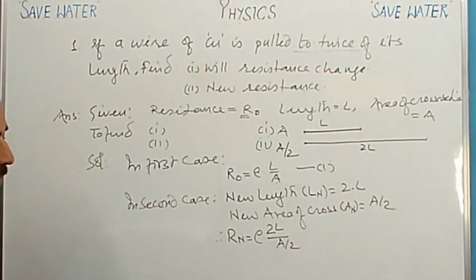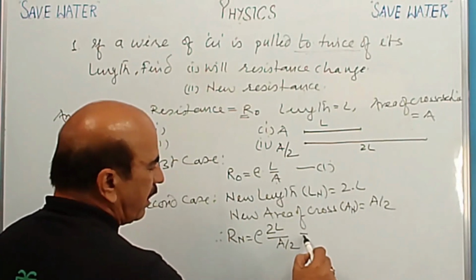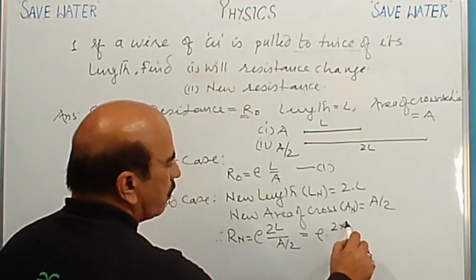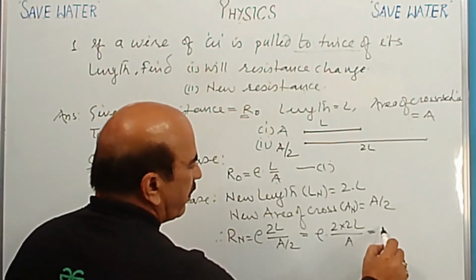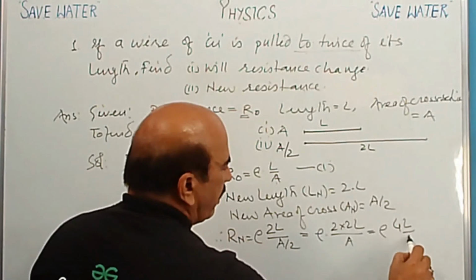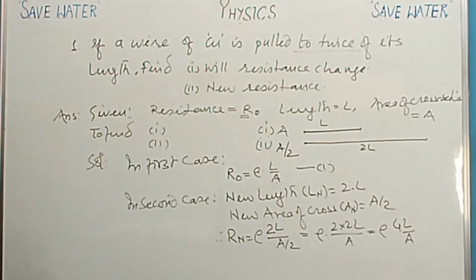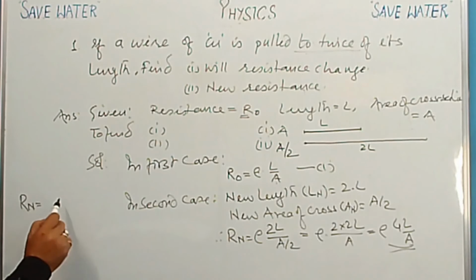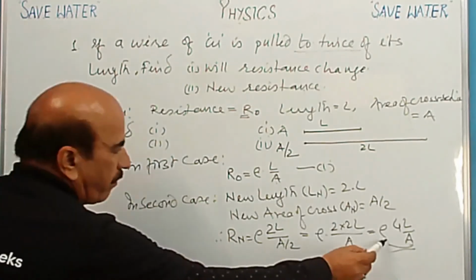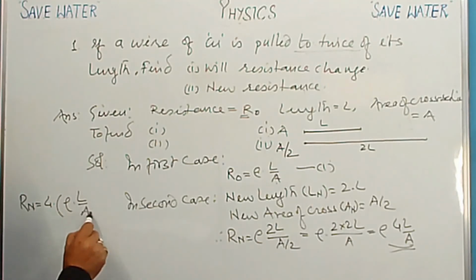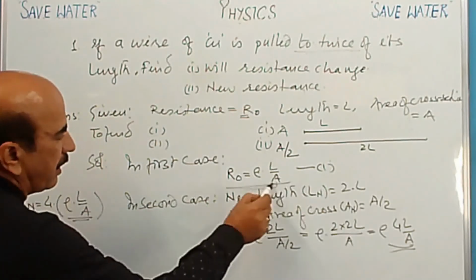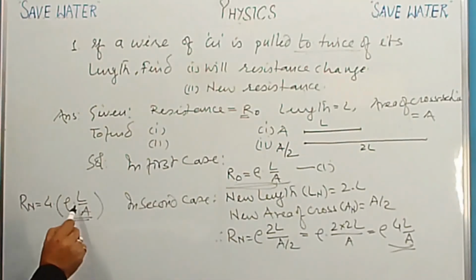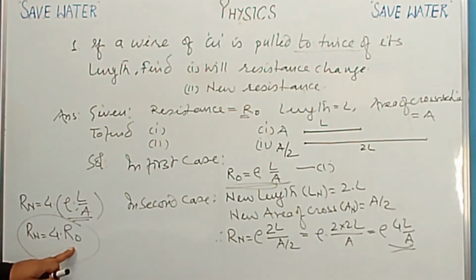Yes. So now we solve it. The 2 goes in the numerator, and the 2 from A by 2 goes here, so it becomes rho 4L upon A. So the new resistance Rn is 4 into rho L upon A, and this is equal to Ro. So Rn is equal to 4 into Ro. The new resistance will be 4 times the original resistance.